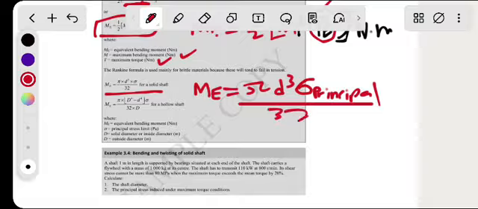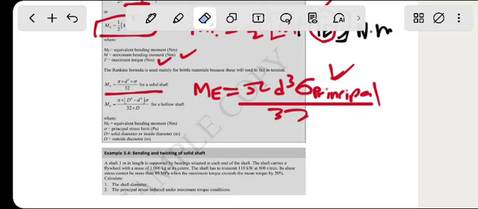Guys, this is the principal stress limit. Then here we have our diameter, 32. Oh, sorry about that, there is no diameter. Remember, this is for a solid shaft.